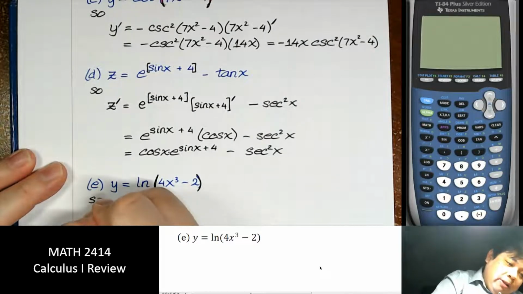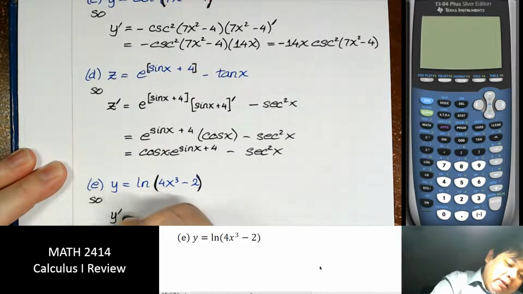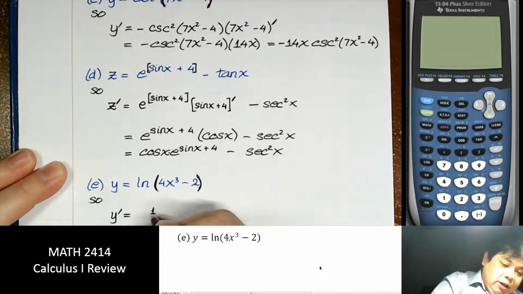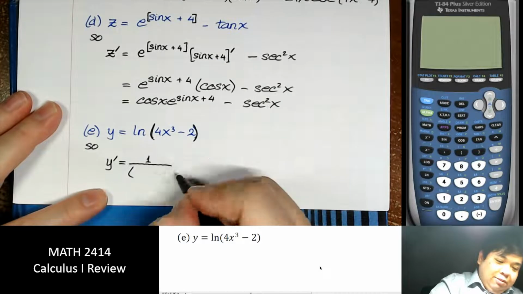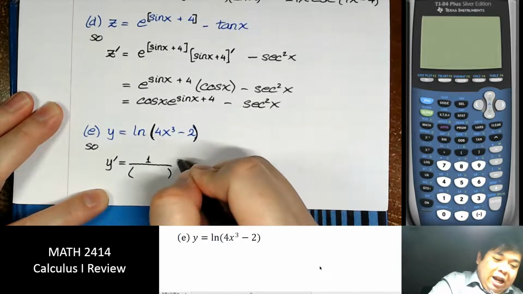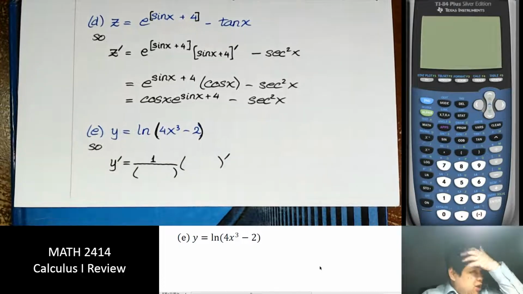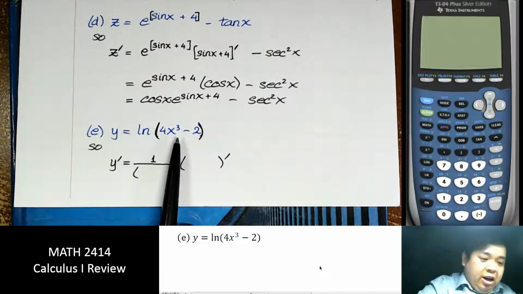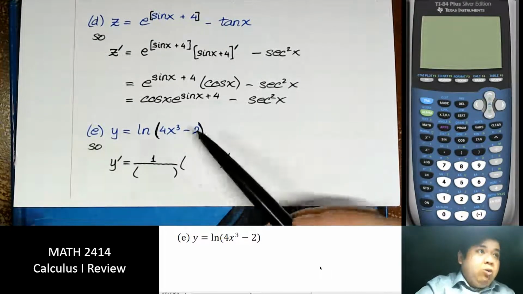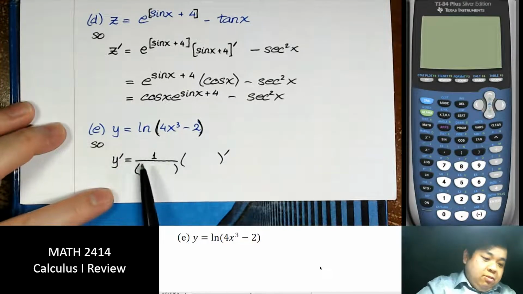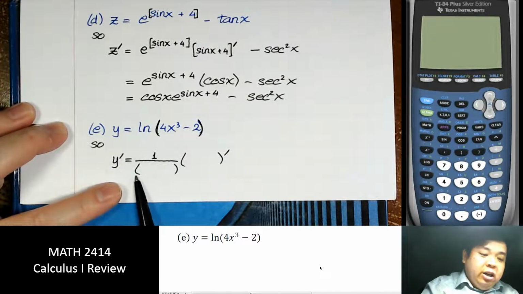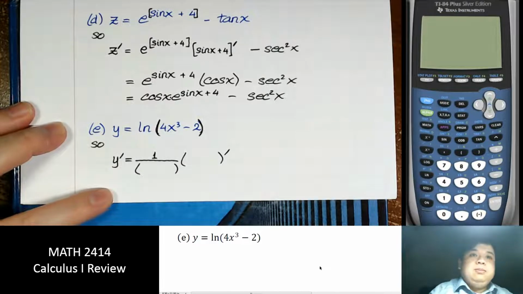So we'll have the derivative is 1 over the parentheses, and then chain rule says multiply by the derivative of it. It doesn't matter what is inside, what the argument of the log is. It's always 1 over the argument and then the derivative of it.